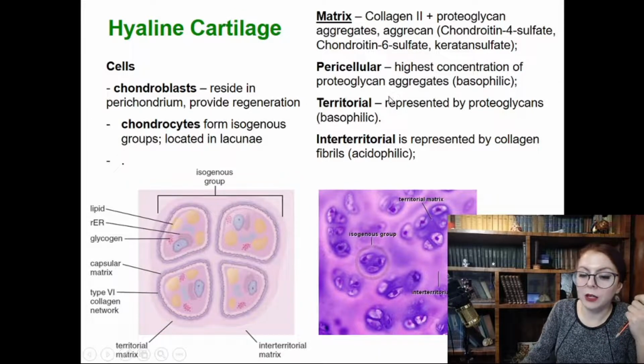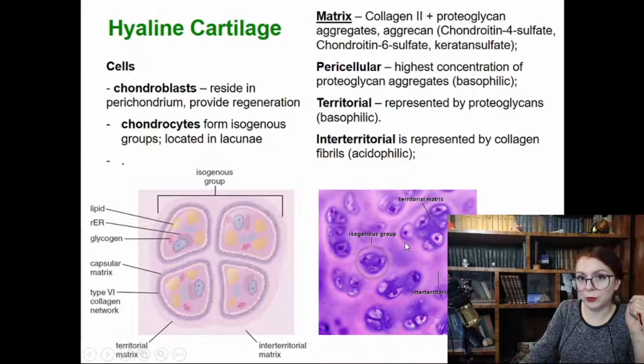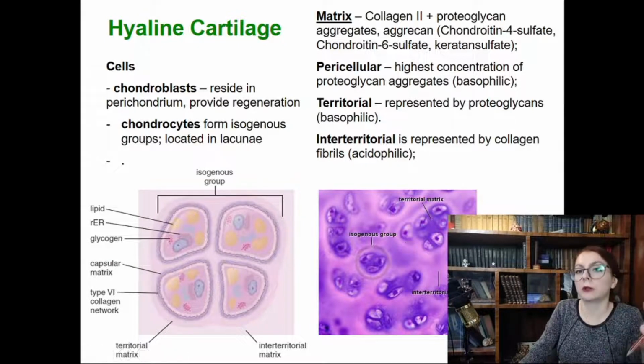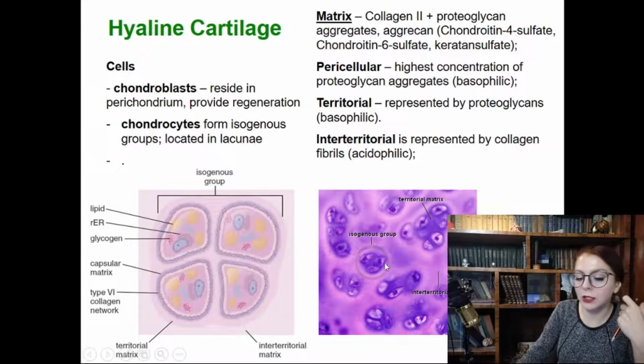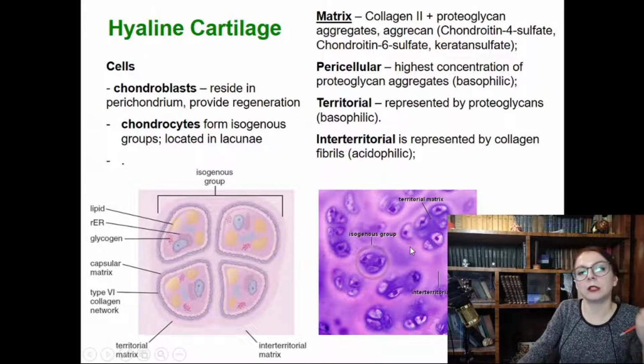Inside the lacuna, just around the isogenous group cells, we have the territorial matrix, while between lacunae, between the isogenous groups, we have interterritorial matrix. They are called so because the territory of the lacuna is filled with territorial matrix, and between lacunae, interterritorial. Inter means between, interterritorial matrix.